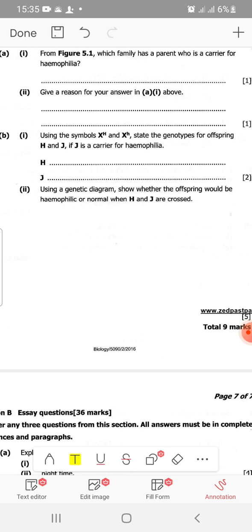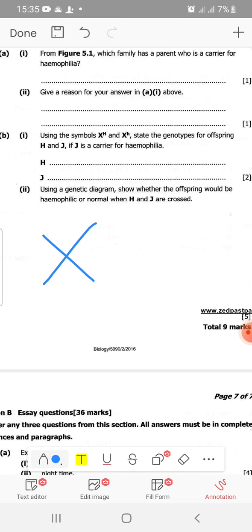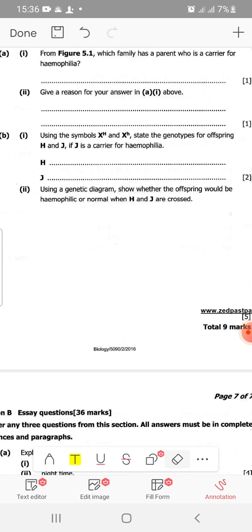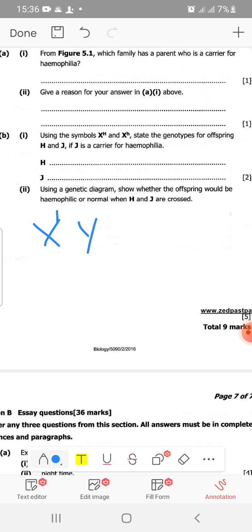So remember, we said the H has this genotype. Okay, let me write small things. You don't have space. So J is hemophilic. We have a small letter r.